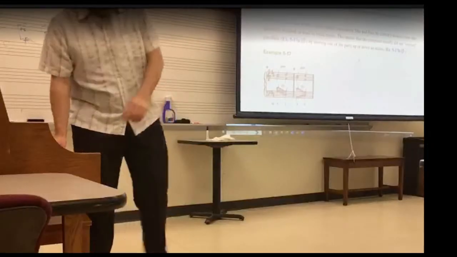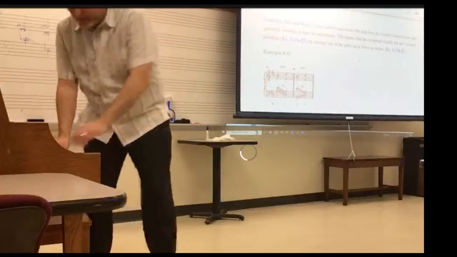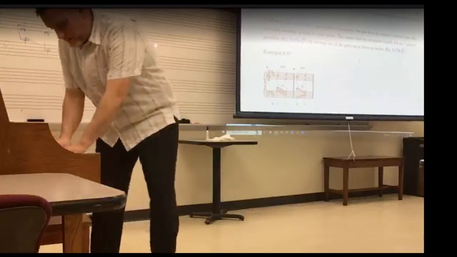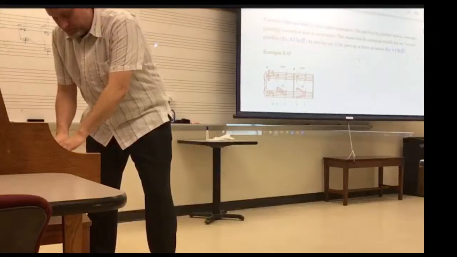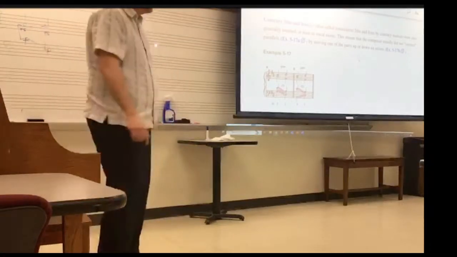So if you have, right, that's an A and a B, it does this. Changes the sound a little bit, but still you get a fifth to a fifth, and that's what we're trying to avoid.